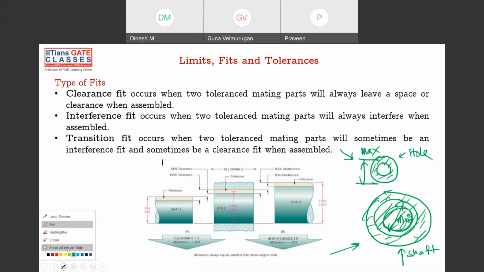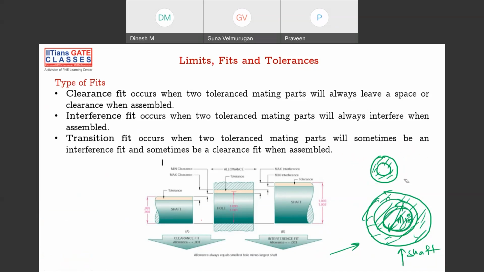Now I'll take the minimum shaft, or maximum shaft?